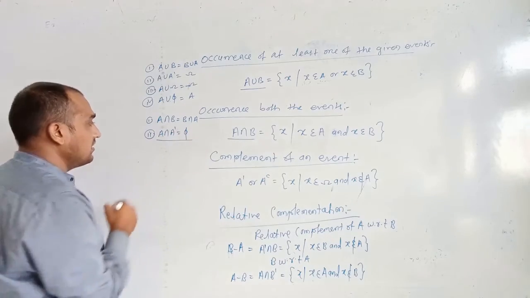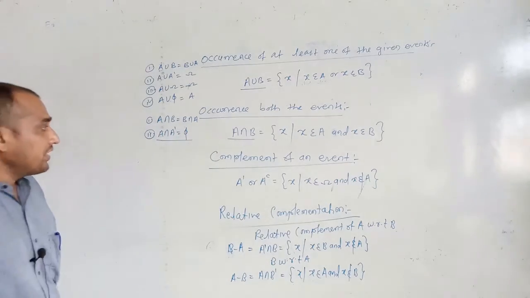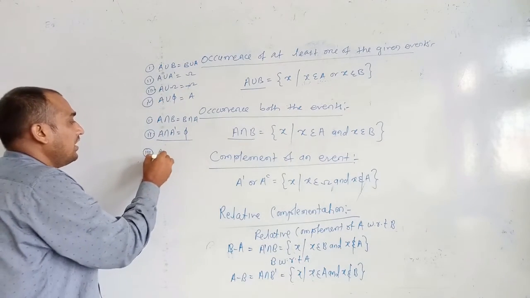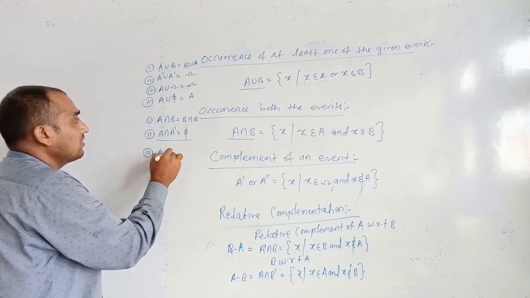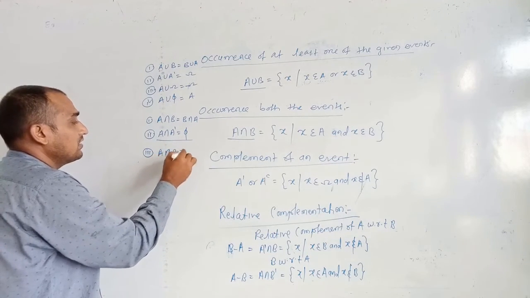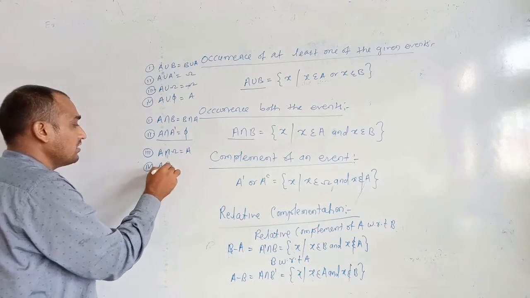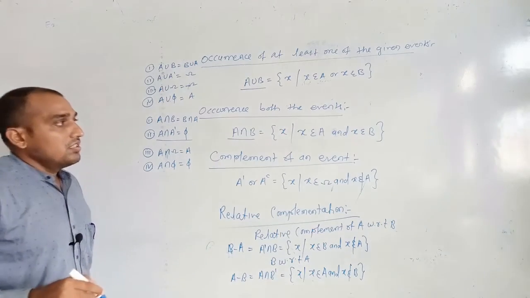The meaning of this is, A and B are mutually exclusive or disjoint. Third is, A intersection with omega is always A, and last, A intersection with phi is always phi.